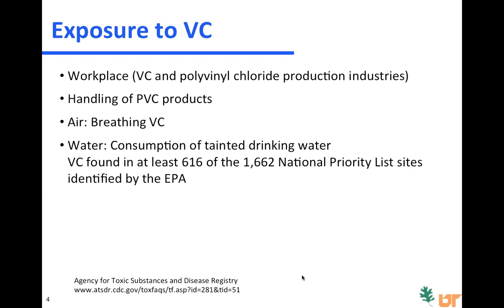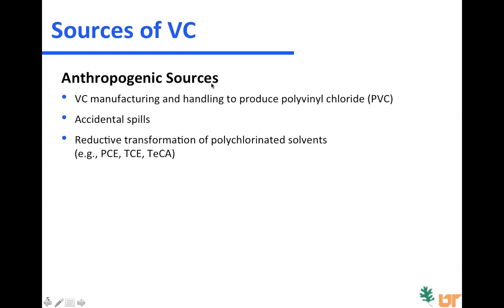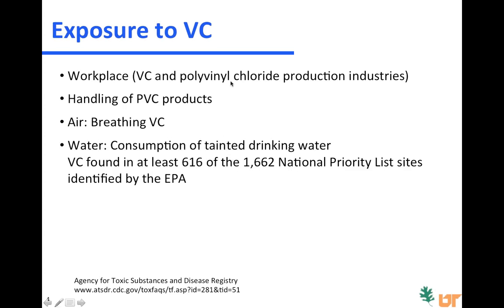So how do we get exposed to vinyl chloride? Obviously people working with vinyl chloride are at high risk of exposure. At the workplace, people are involved in the production of vinyl chloride and then the use of vinyl chloride to produce polyvinyl chloride. That's the major or the only use of chemically produced vinyl chloride.